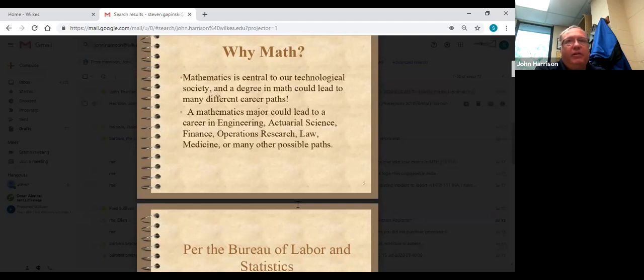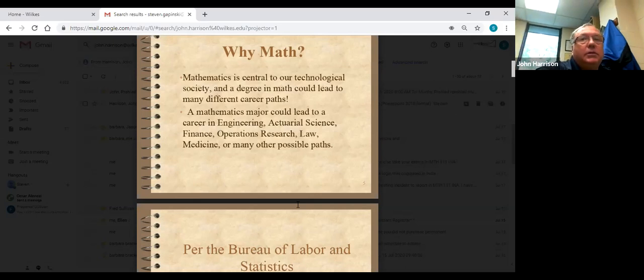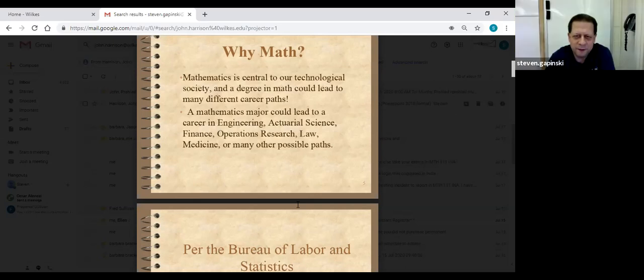So there's a lot of opportunities beyond, as Mr. Kapinski said, just going in and being a math teacher or going on and getting a PhD in math if you get a degree in mathematics. Right. It opens the door up to a lot of opportunities. It's a good foundational subject area.